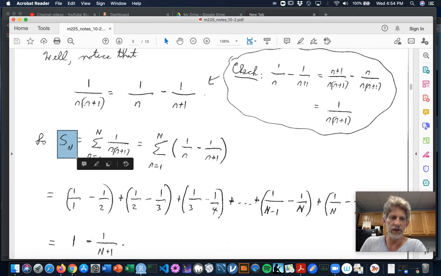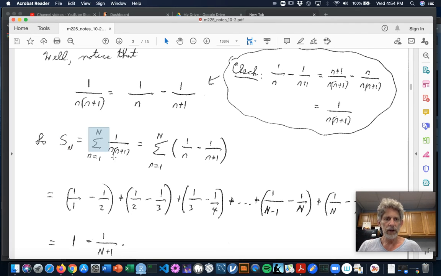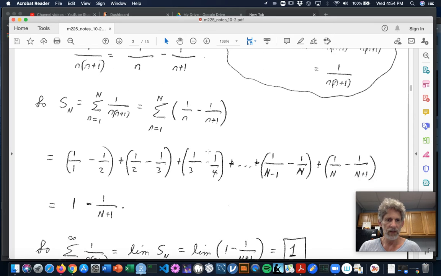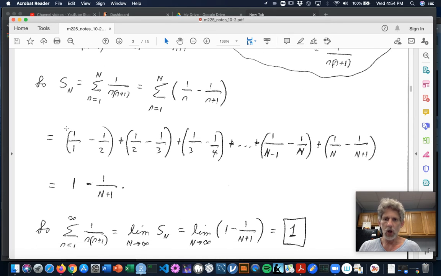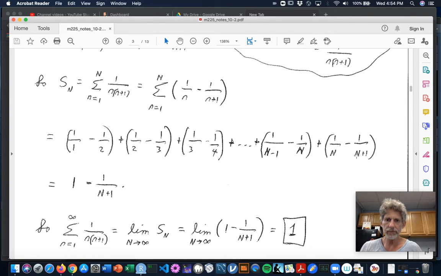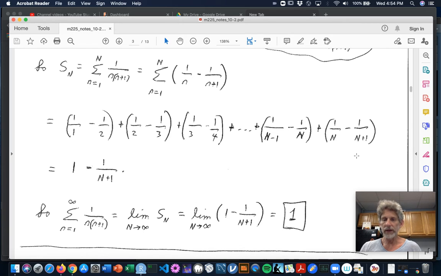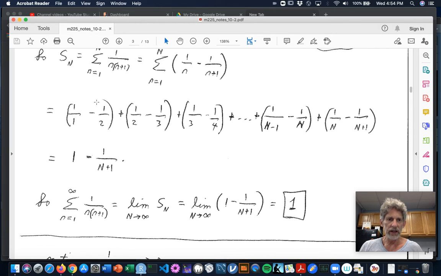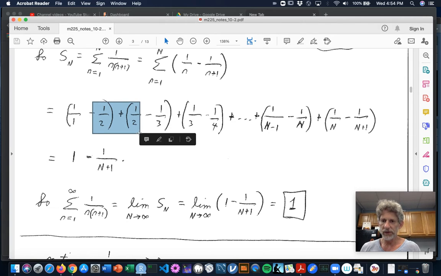But anyway, once we've made that observation, then we can actually look for a formula for the nth partial sum. Here I am writing out the nth partial sum. Here I am writing it again, but using the alternate expression for the term. And here I am writing it out longhand: first term plus second term all the way up to capital Nth term. And when I do that, I notice there's a lot of cancellation. The second part of the first term cancels with the first part of the second term.